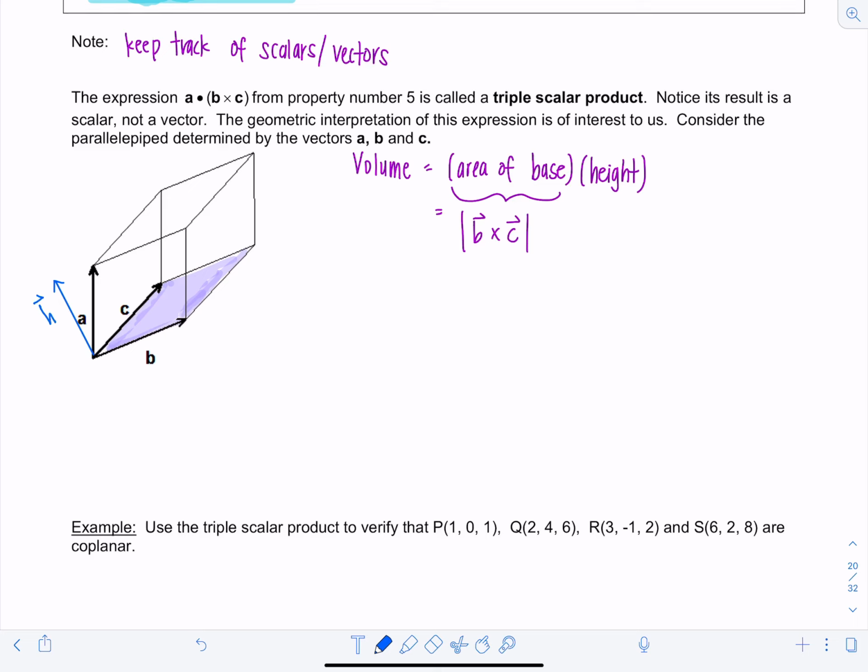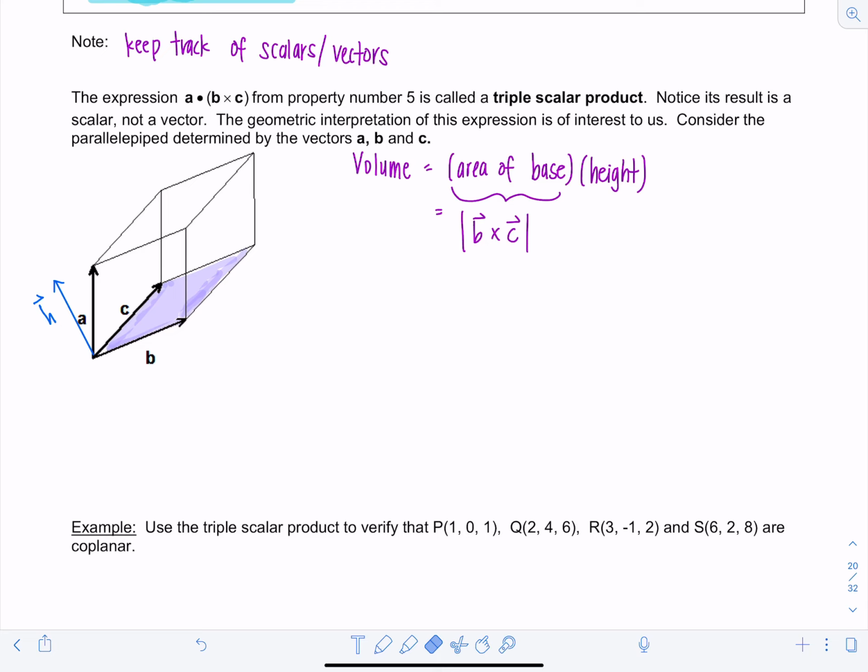And remember, I don't want the height to go up too high or too low. I want it exactly as tall as across the top here. So how would I do that? Well, I wish there was some way I could take vector A and project it along a vector that's orthogonal to the base.